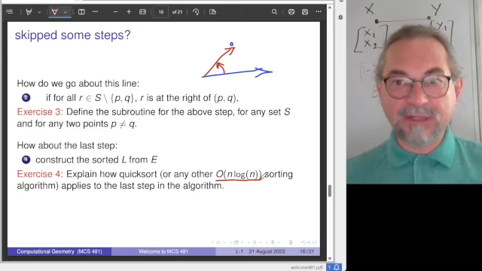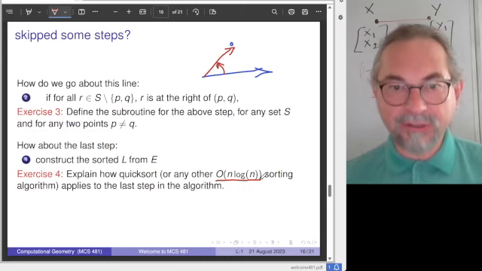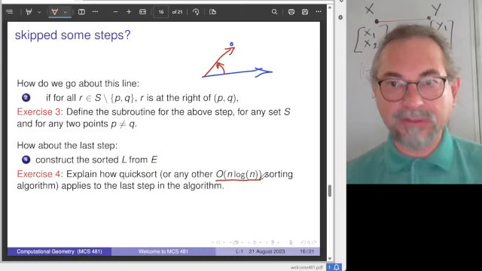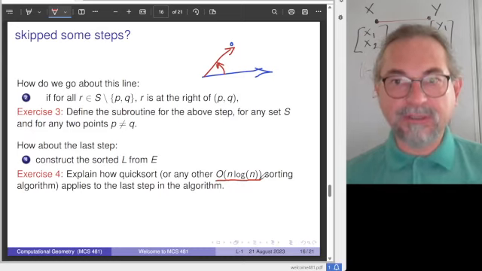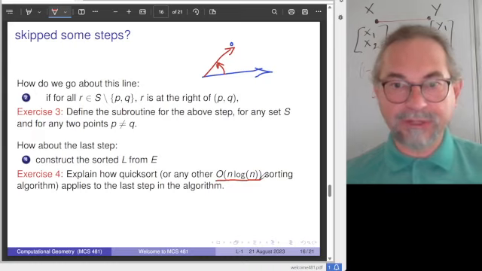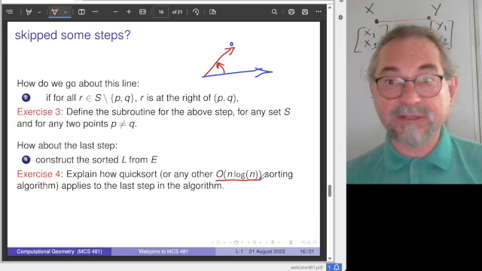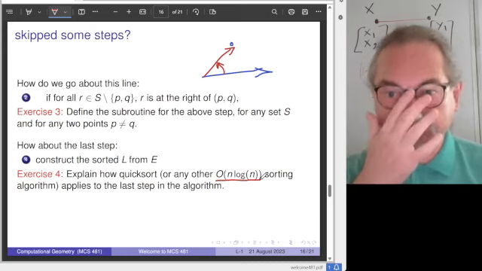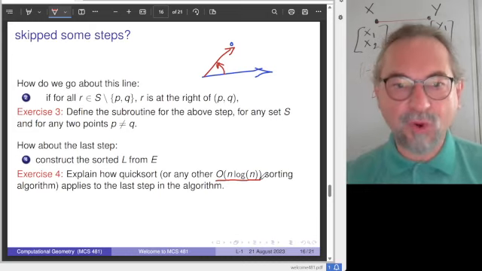N log n is what they call quasi-linear. If you double the size of the input, then the time is also about doubling. Not quite with n log n, but the log n factor is very, very small compared to the n.